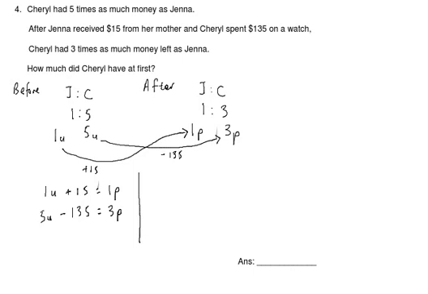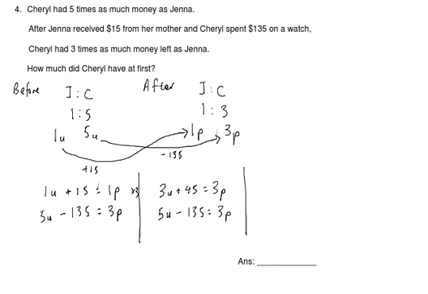Lowest common multiple, so this multiplied by 3. So I've got 3 units plus 45, 3 parts, very good. And 5 units. I couldn't even read my own handwriting. So I have 5 units minus 135, 3 parts.